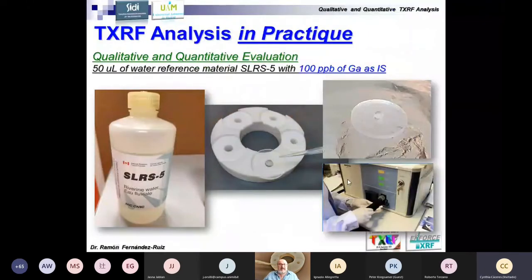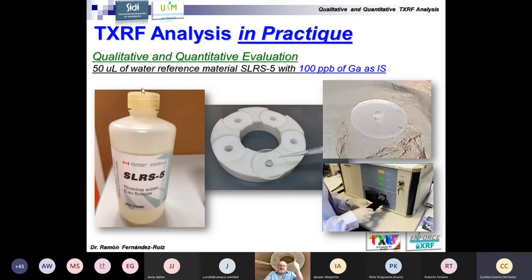And now I'd like to do this experiment. This experiment is related with this deposition that I have here in my background. It's really this standard, okay? It's a river water standard from the National Research Council of Canada.